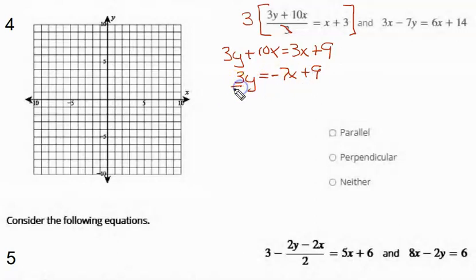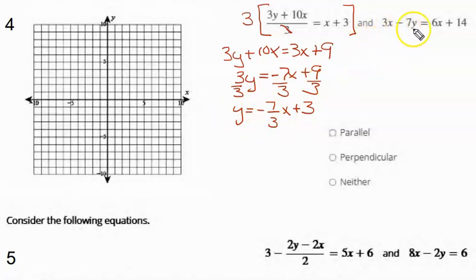Now divide everything by 3. And I get y equals a negative 7/3 x plus 3. Putting it into slope-intercept form is your best way to check these out here.